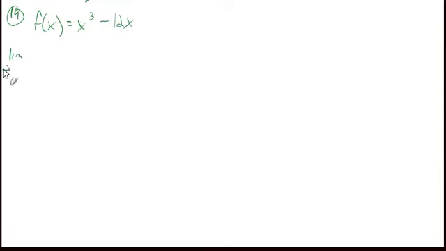Limit as delta x approaches 0 of f of x plus delta x, which would be x plus delta x goes in here for x and it gets cubed, minus 12 times x plus delta x. This big thing is f of x plus delta x. We put an x plus delta x in for all the x's and use that to rewrite this, minus plain old f of x, nothing different.